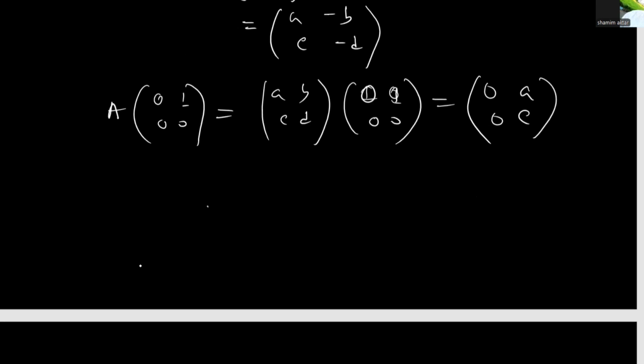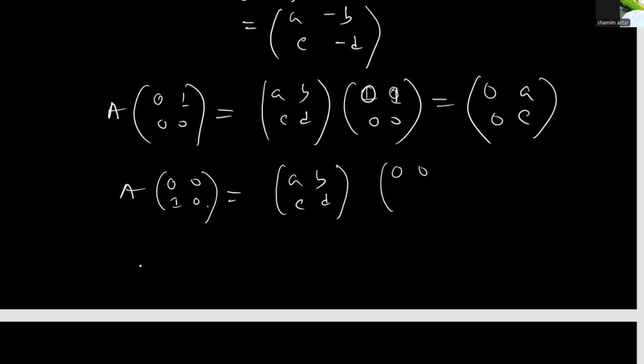Now A into 0 0 1 0 equals a, b, c, d into 0 0 1 0, which is equal to b, 0, d, 0.